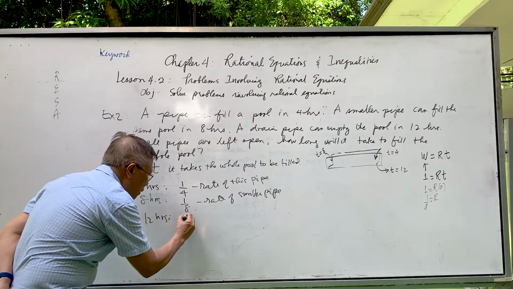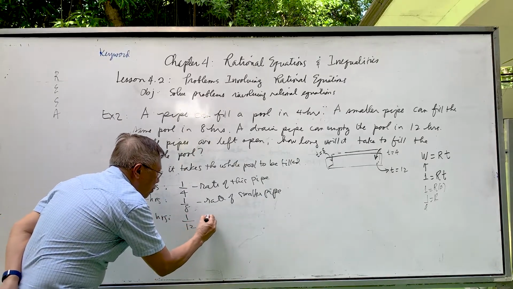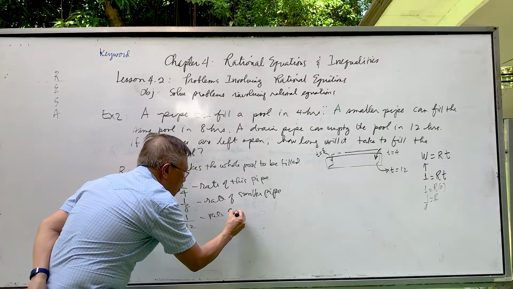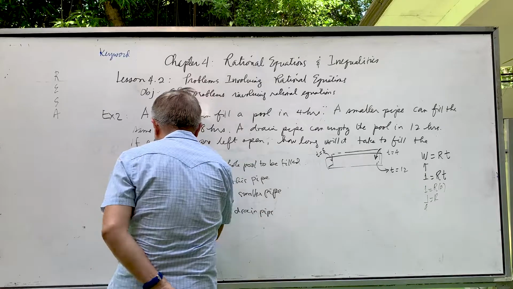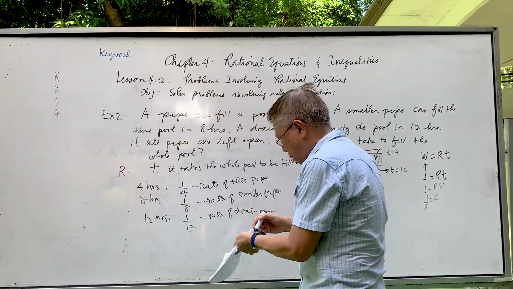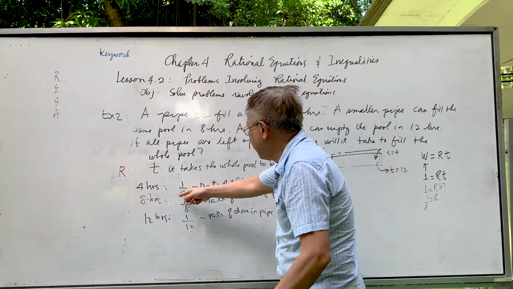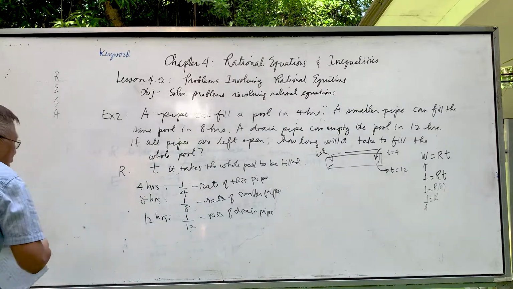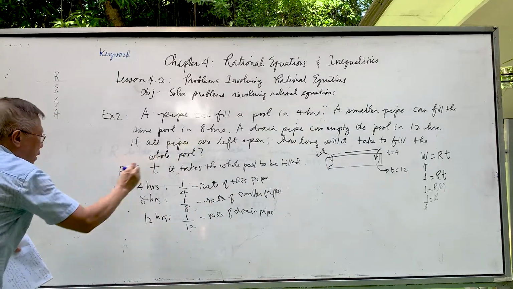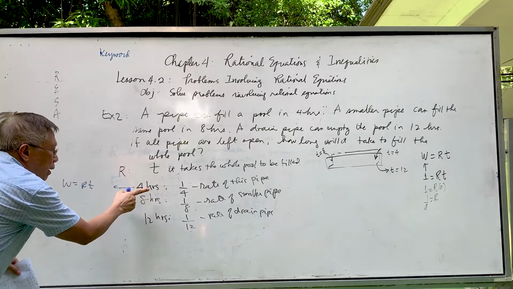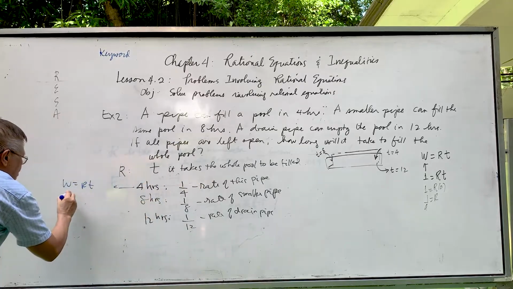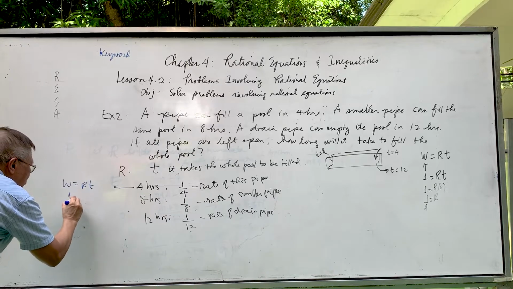So, the rate of the drain pipe is 1 over 12. Or, this is rate of the drain pipe. Now, I hope you know where 1/4 came from. Here, I explained it there. Work equals rate times time. So, if the pool is filled up, that's 1.